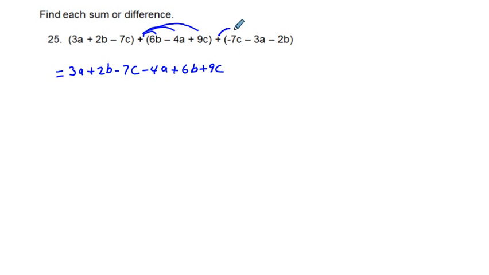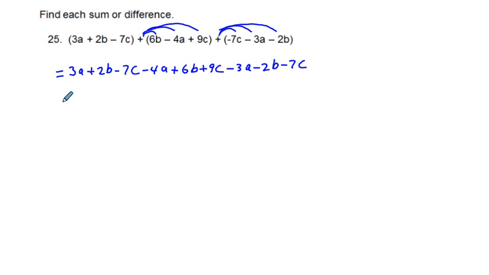And then we're going to have this last set inside parentheses. I'm going to put plus negative 3a, so that's going to be minus 3a, and then plus negative 2b, that's going to be minus 2b, and finally this plus negative 7c is going to be minus 7c.